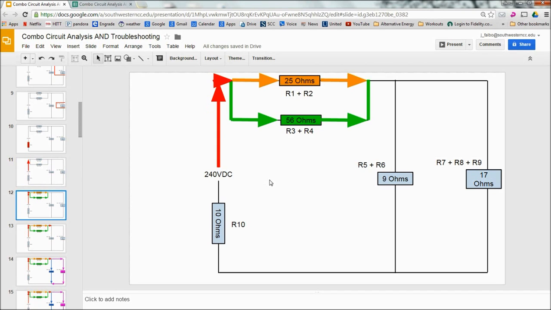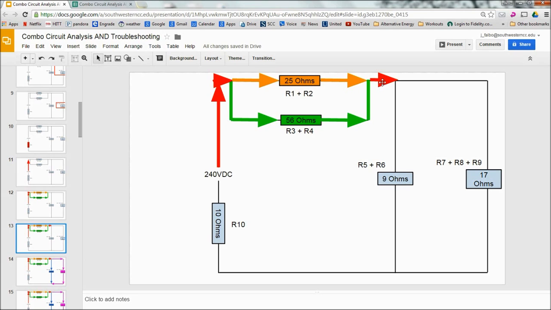And there it splits. So some of the current's going through the orange path and the rest of it is going through the green path. And then when they come back together, they combine to give us the same amount of current that entered the branch. So whenever you have a feeder current come into a branch and split off and then recombine again, that is counted as a parallel circuit.